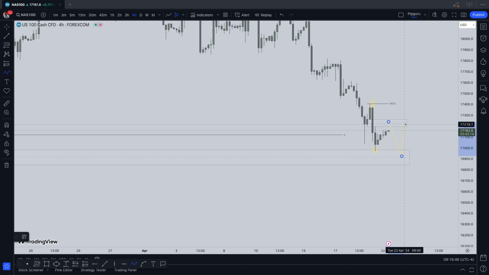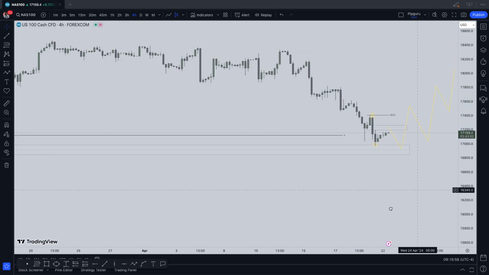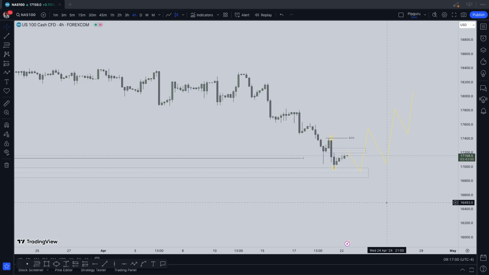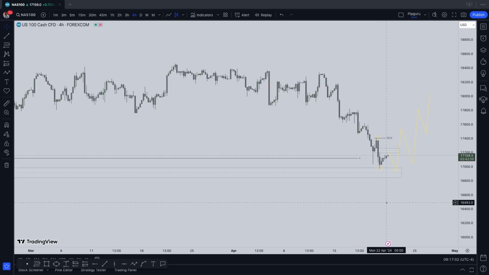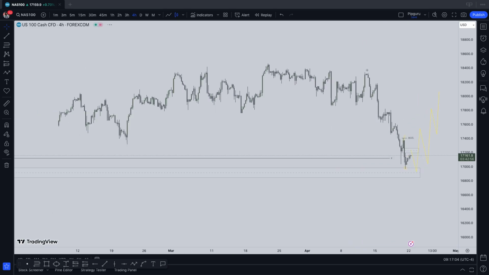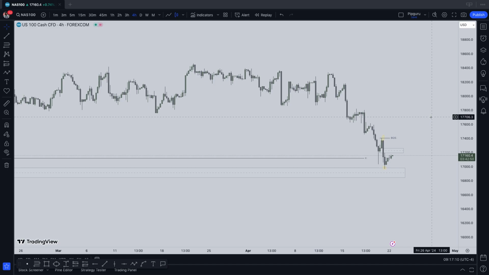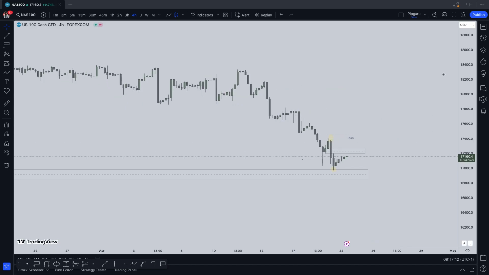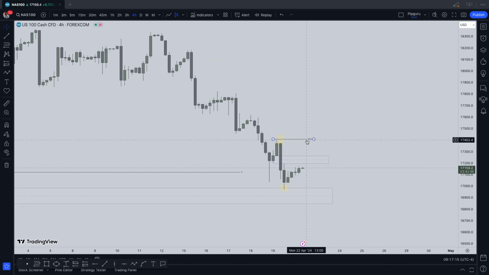So for this week on NAS 100, I'm looking for price to come deeper within this fair value gap before we continue to push away to start breaking back to the upside. Right, so not really much there on NAS 100, but I feel like we can break this bearish move right here and start to push higher this week. So let's see what the market has for us for the week.